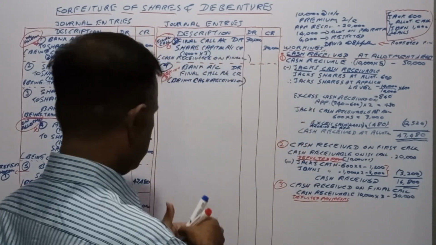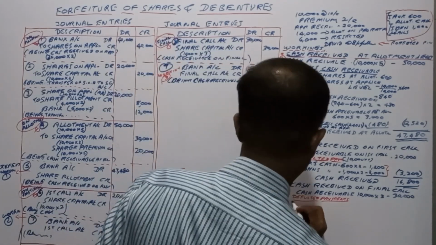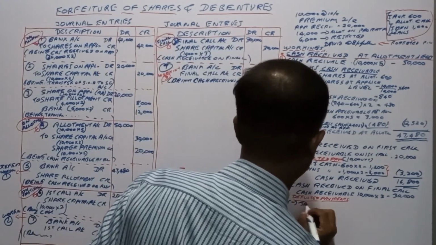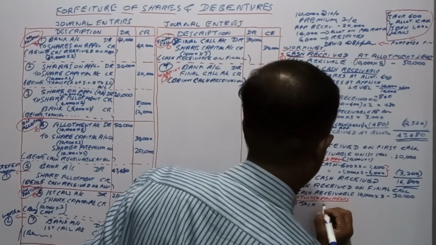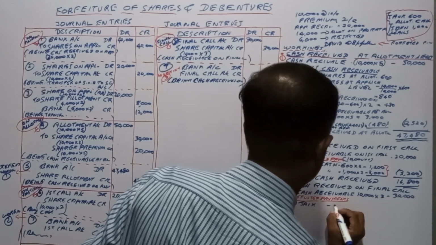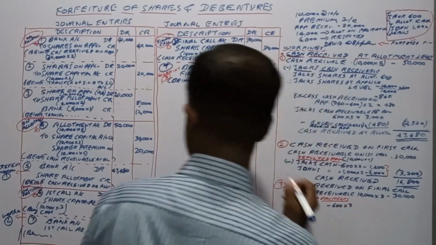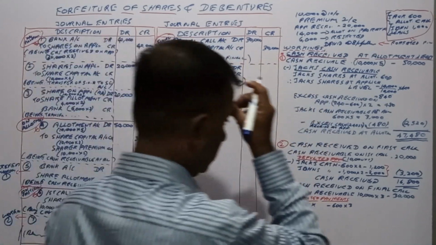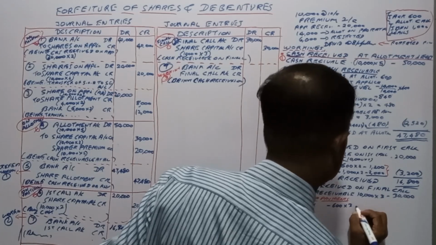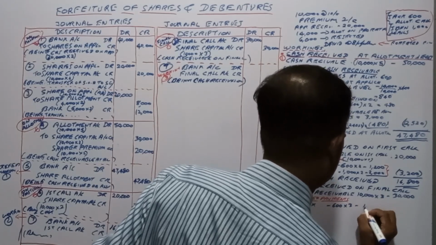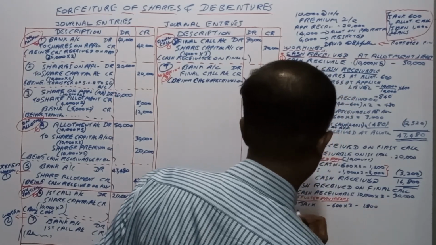One is Jack, 600 into 3, that is 1,800. Right?